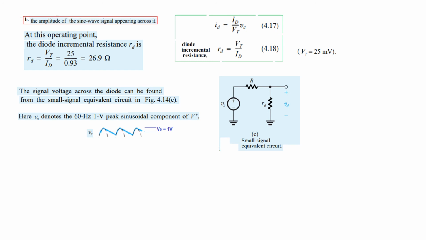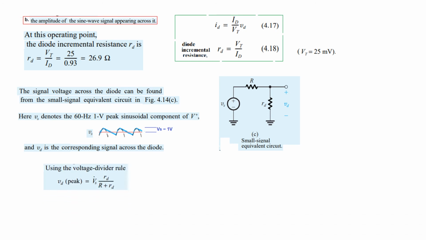That means if this is the average point, then it is 1 volt up. So we can say that Vs is 1 volt, the peak voltage. And Vd is the corresponding signal across the diode. So this is the Vd across the diode, which is the AC signal.